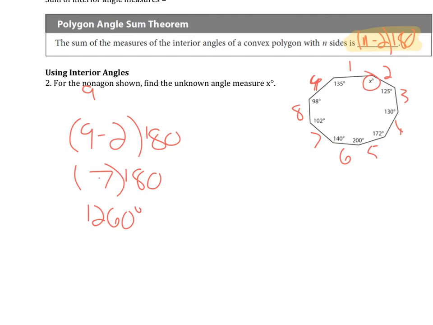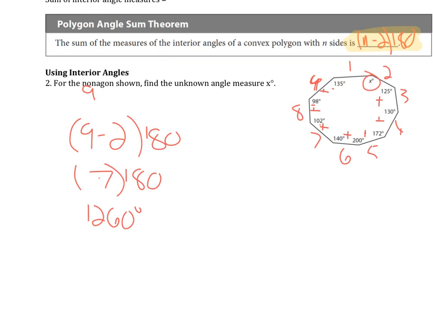So then how can we find out what that missing angle is if we know what the total is? Yeah, if we add up the known values here, right? So 135 plus 98 plus 102 plus 140 plus 200 plus 172 plus 130 plus 125. Add that all up, and then once we add that all up, we get a total, and we subtract that from 1260.